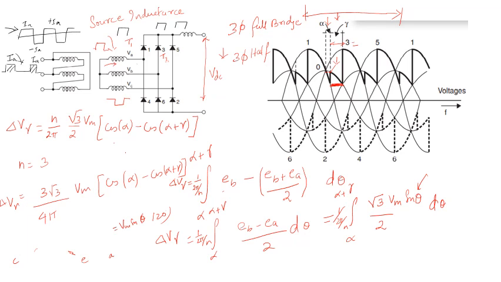So your transformer is built for this type of waveform, but it can't handle that type of waveform. Okay, so that's why there are different types of harmonics generated in your transformer also. So that's why we prefer using a three-phase full bridge rectifier over a three-phase half bridge rectifier.